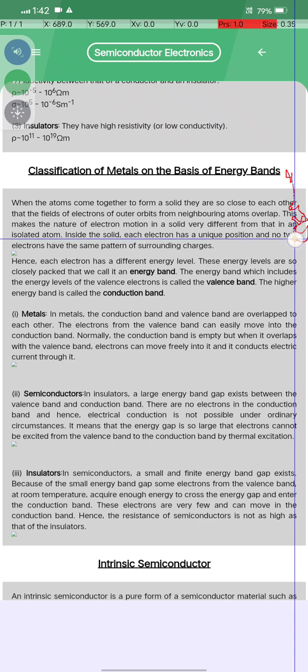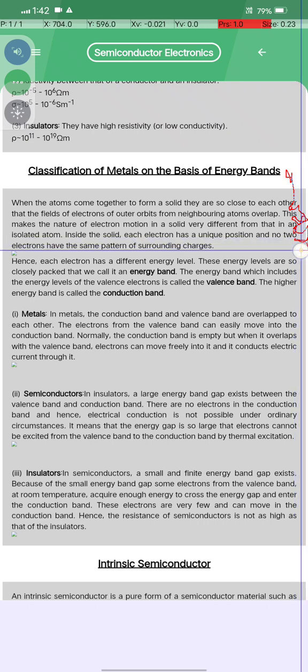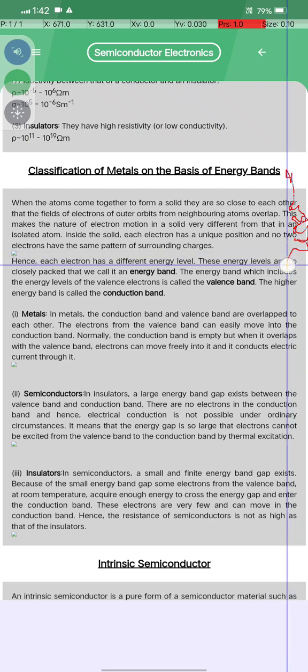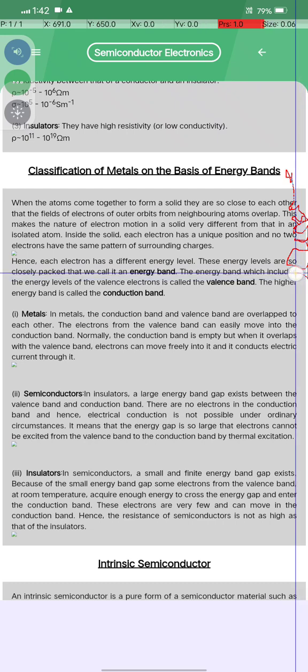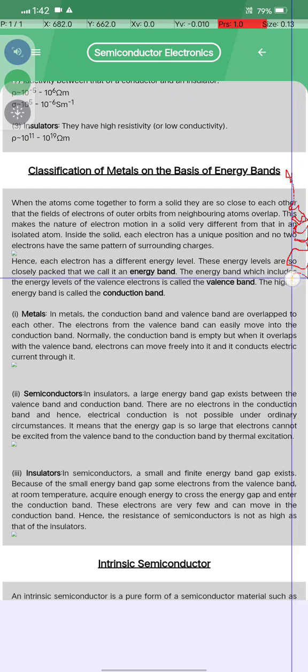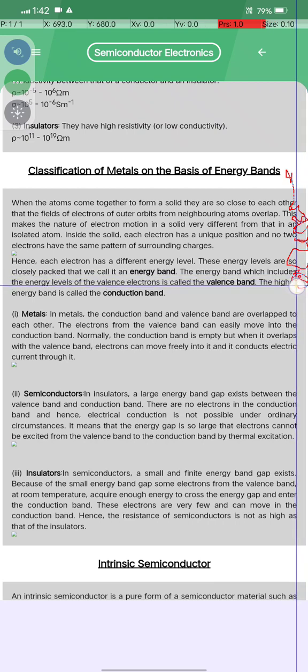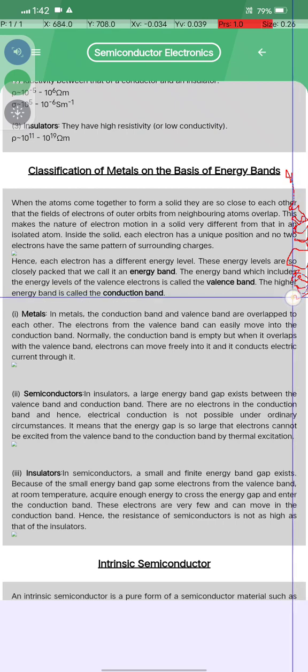Each electron has a unique position and no two electrons have the same pattern of surrounding charges. Hence, each electron has a different energy level. These energy levels are so closely packed that we call them an energy band. The energy band which includes the energy levels of valence electrons is called the valence band, and the higher energy band is called the conduction band.